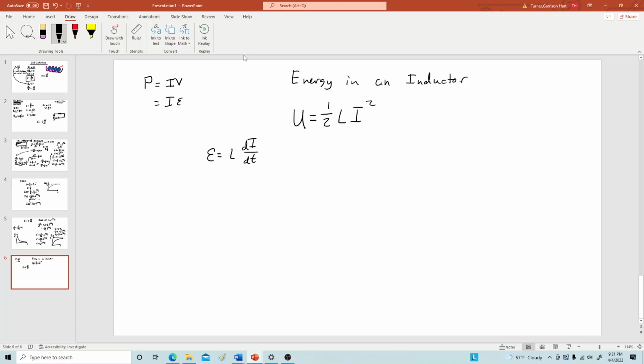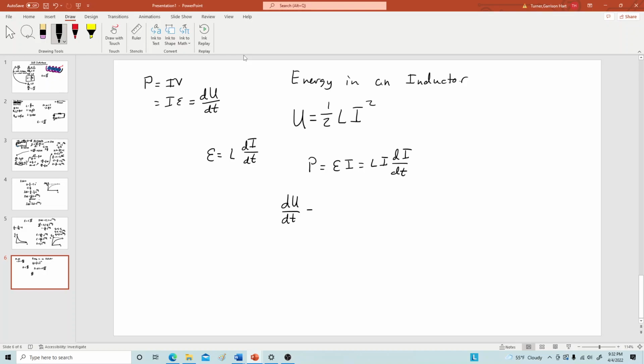Okay, but remember this is also equal to the time derivative of potential energy. So power is equal to the time derivative of potential energy. So what I'm going to do is say that power is equal to EI, which is equal to L I dI/dt. Okay, so I'm just inserting an I into the expression for potential. And this is equal to dU/dt.